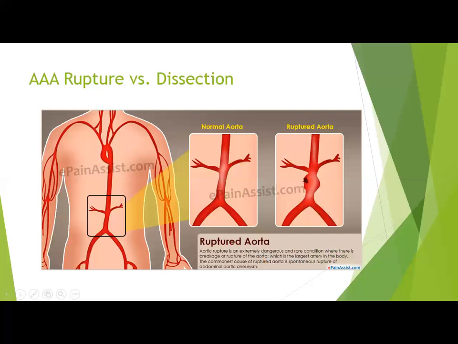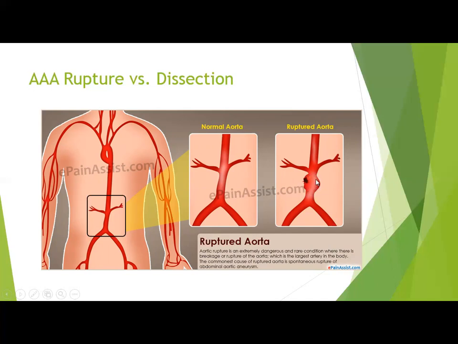Now, this picture here is AAA rupture. So again, showing us the aorta, all the red here are arterial vessels. This is a normal aorta right here. Over here is a ruptured aorta. So what's happened before this hole even got here is you see how this aorta is just expanding, getting weaker and weaker.